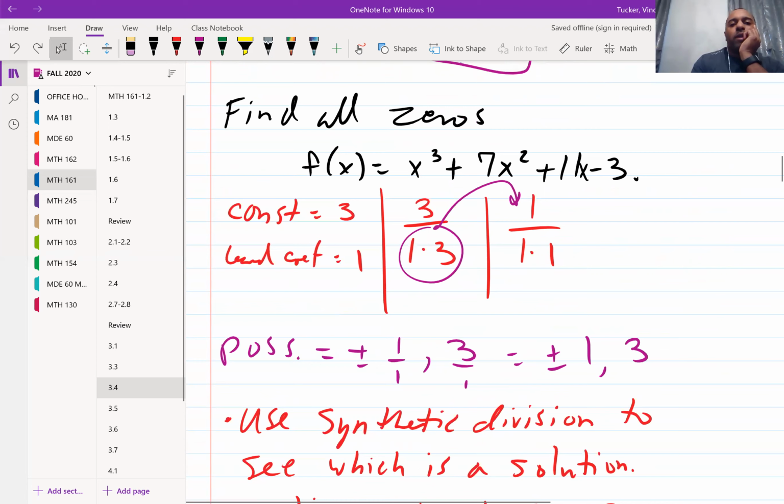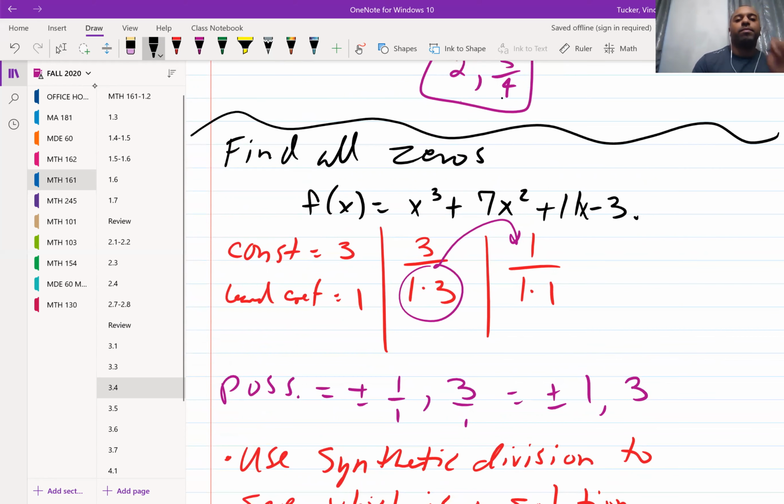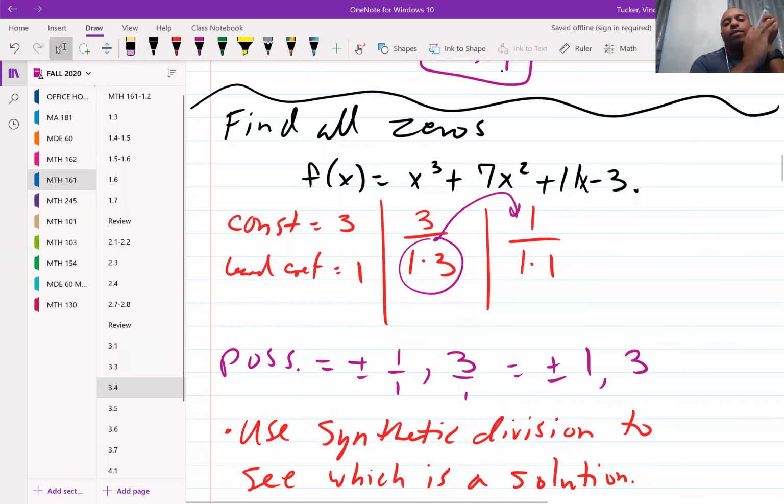All right, if they give you an exercise that says find all zeros, say f of x is equal to x cubed plus 7x squared plus 11x minus 3, we can find all possible zeros first by performing the exercise we just performed.